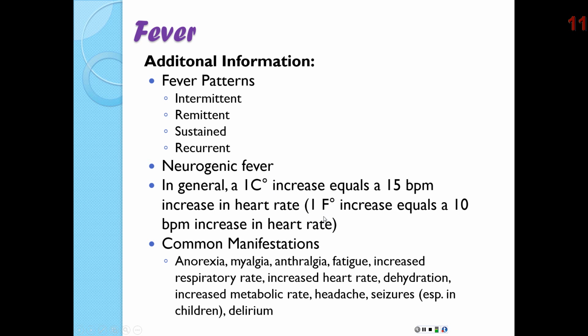With each degree in body temperature, the heart rate goes up 10 beats per minute. This is an important factor in starting to look at how the cardiovascular system is related to changes in fever or body temperature. And again, that's also linking back to inflammation. So if you have inflammation, fever, how's it going to affect the cardiovascular function?